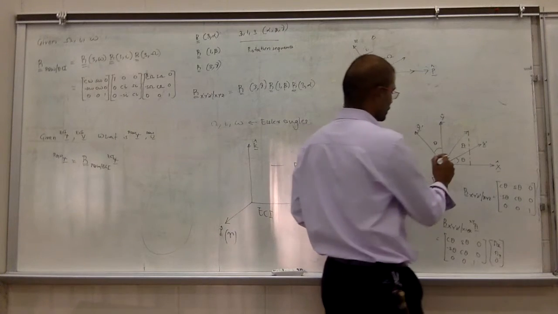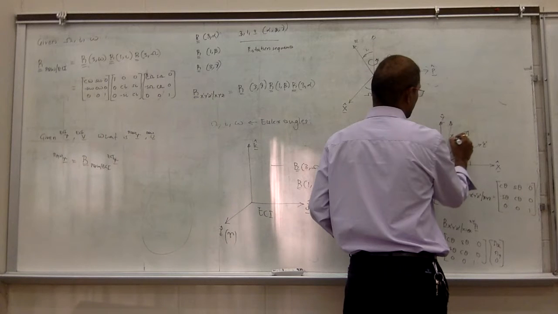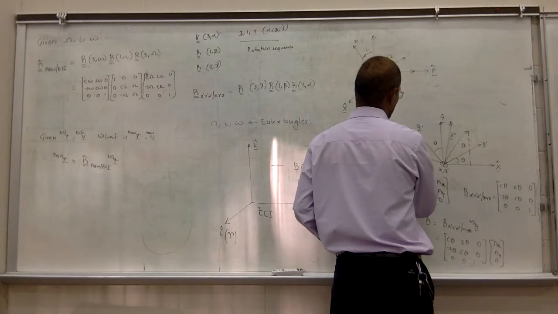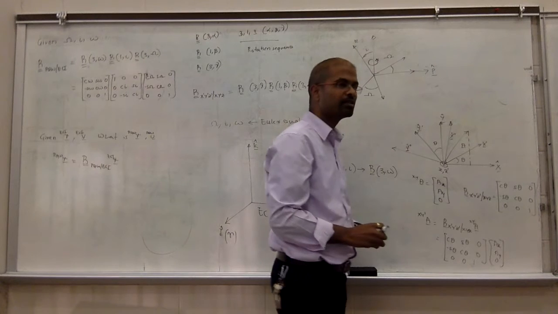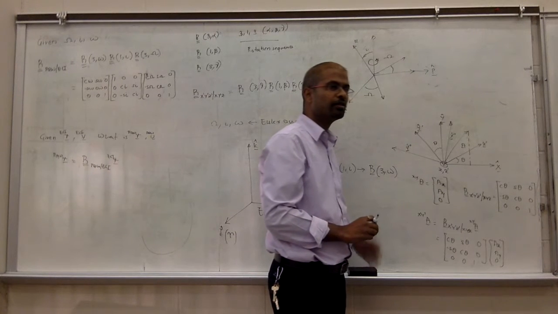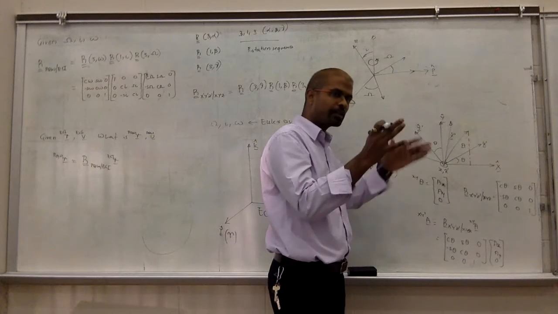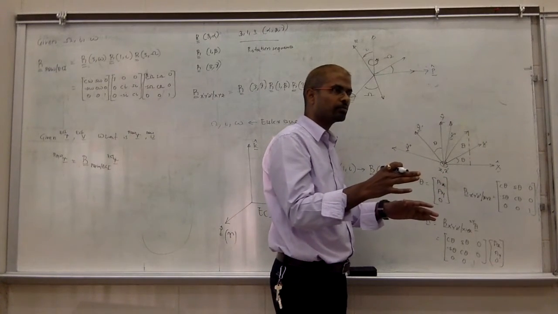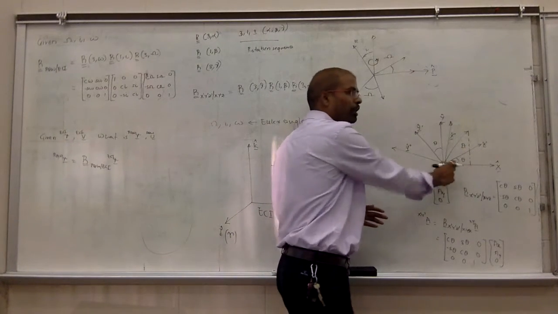Can you do this? X double prime, y double prime. Can I express this vector A in this? You see, the vector is the same. Vector itself is the same. It depends on your perspective.